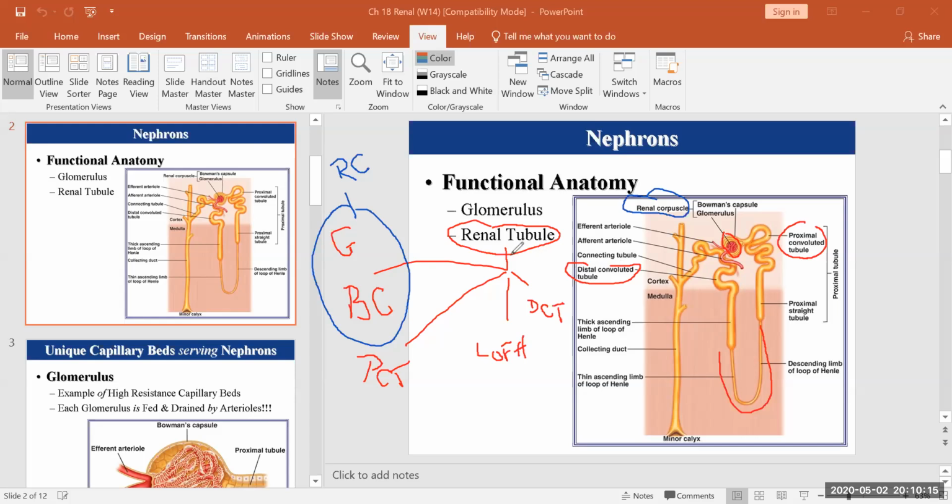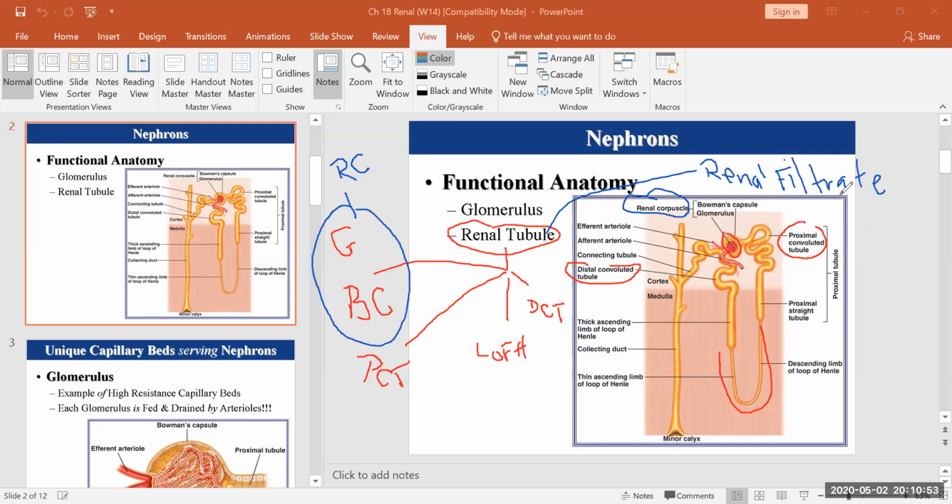And inside that renal tubule, remember these are tubes, right? So inside that renal tubule, there's a fluid, and that fluid we call the renal filtrate. Renal, R-E-N-A-L, filtrate, F-I-L-T-R-A-T-E.